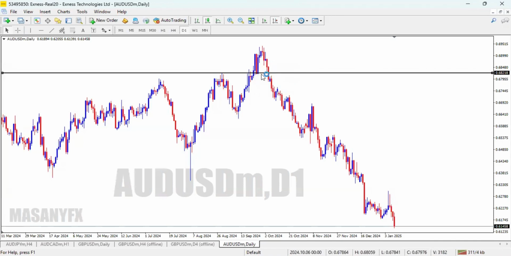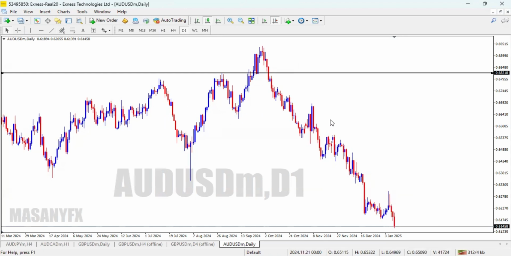This is what we call a QML, but this drop is like this. I can put a line from here to here. This is not a drop that we want.